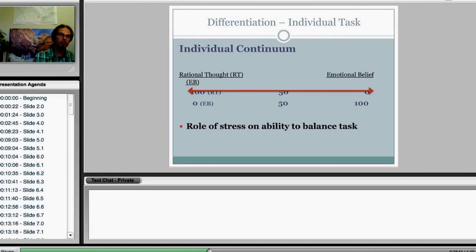When stress begins to enter the picture, things become more challenging. There's a swing all the way over to the other side. We don't just swing out to the 50-50 mark, we swing all the way out, so it suddenly becomes 75% emotional and 25% rational.